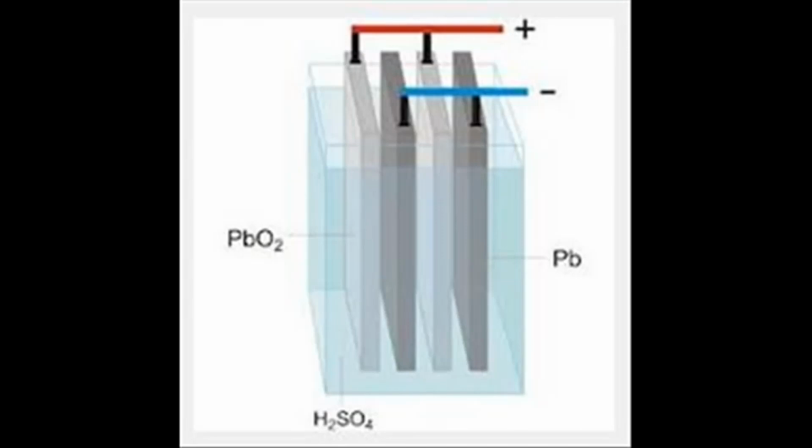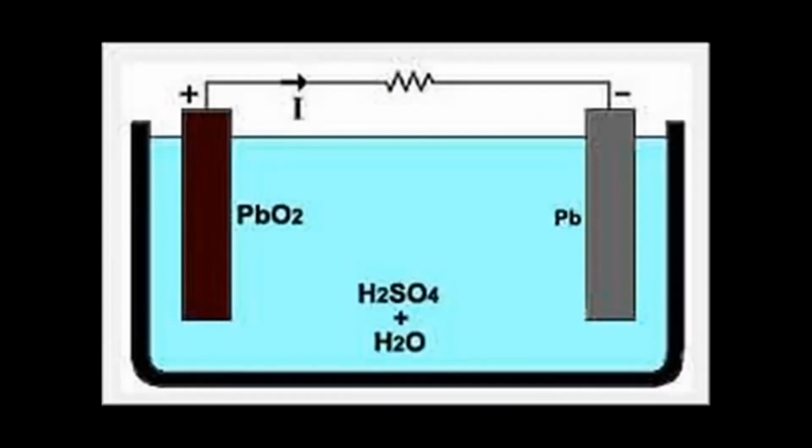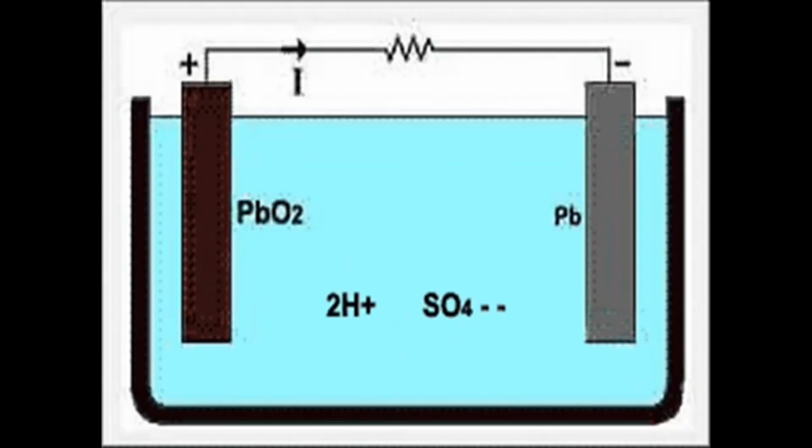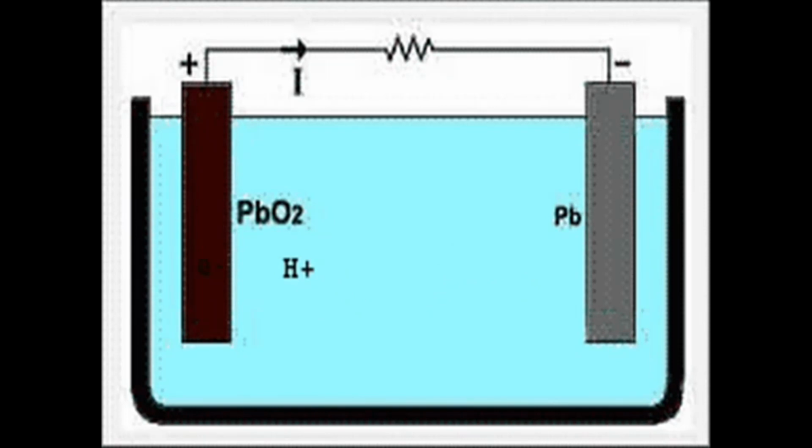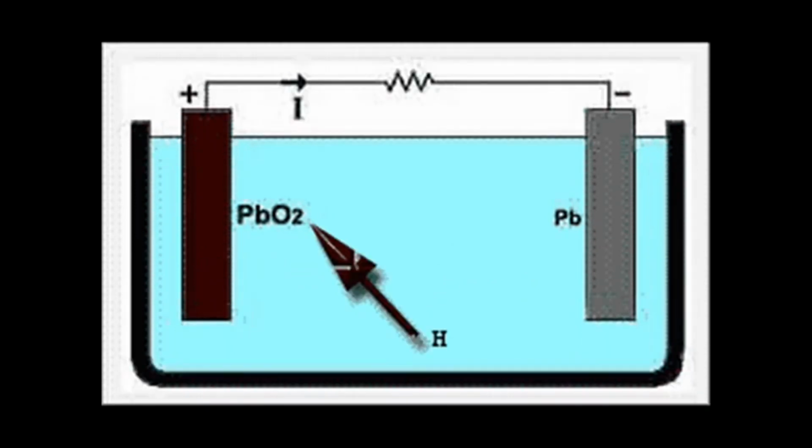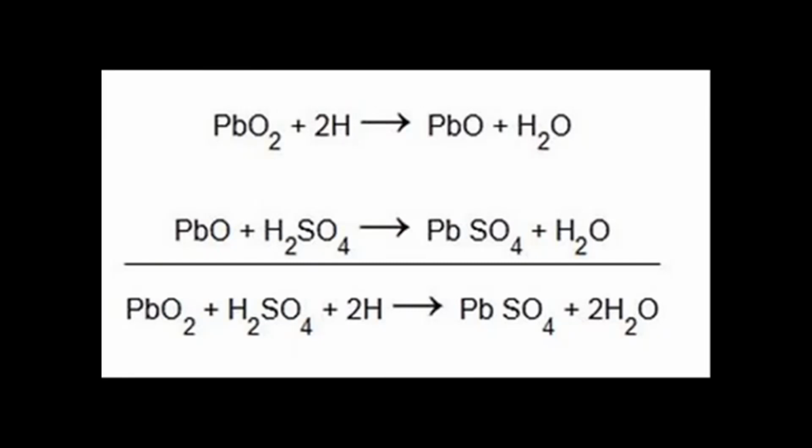So these H plus ions will reach the lead peroxide electrode, and there they will receive electrons and become hydrogen atoms. These hydrogen atoms will react to form lead oxide and water. This formed lead oxide also reacts with sulfuric acid to form lead sulfate and water.